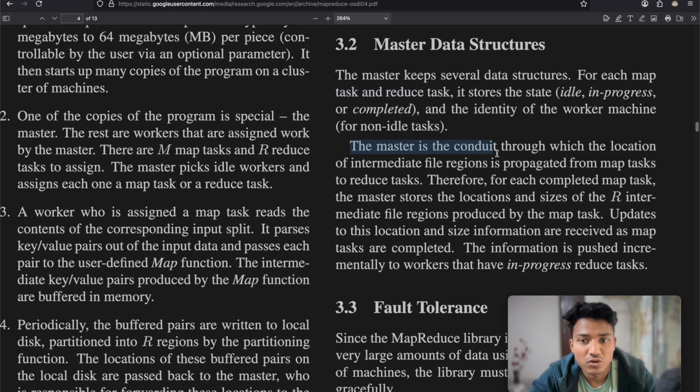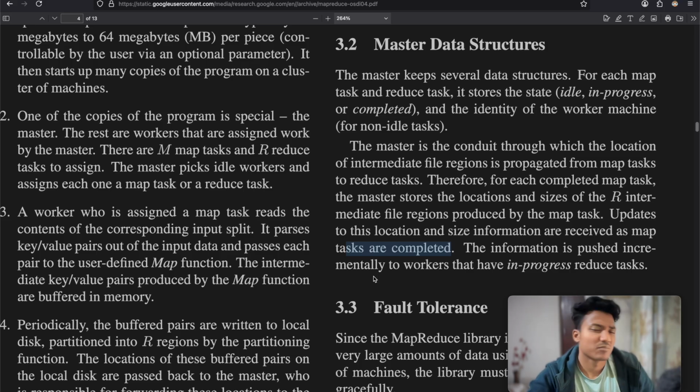The master is the conduit through which the location of the intermediate file regions is propagated from map tasks to reduce tasks. Therefore, for each completed map task, the master stores the locations and sizes of the R intermediate file regions produced by the map task. Updates to this location and size information are received as map tasks are completed. The information is pushed incrementally to workers that have in-progress reduce tasks.